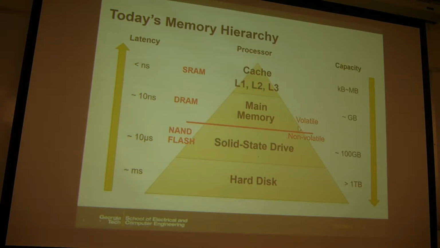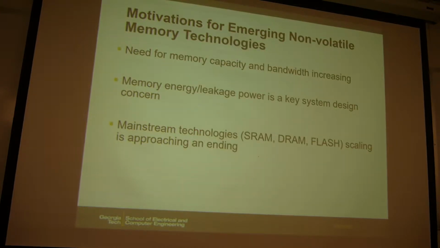So this is the boundary between the volatile and non-volatile. And then we do see the gap in between, in particular between the DRAM and the NAND flash. There's a gap in the latency and the capacity. So that motivates the industry to look for the emerging non-volatile memory to fill in that gap. This is for standalone memory application.